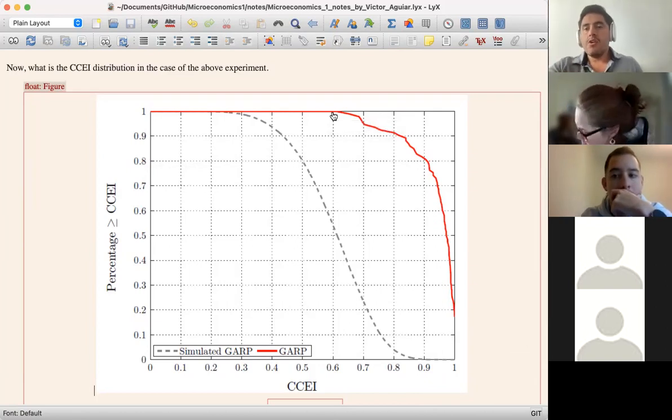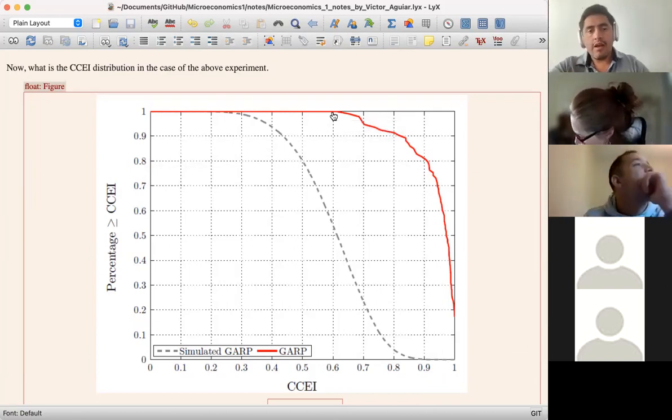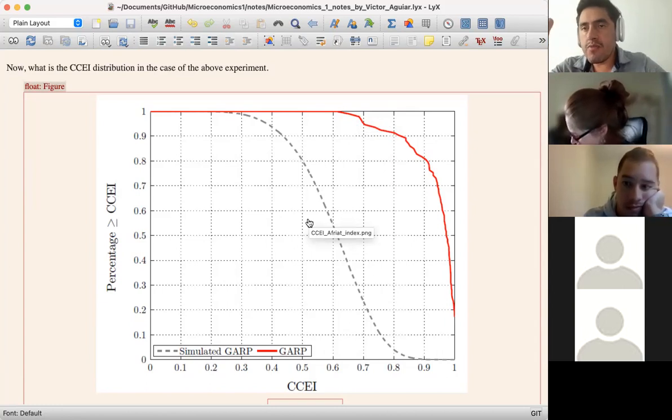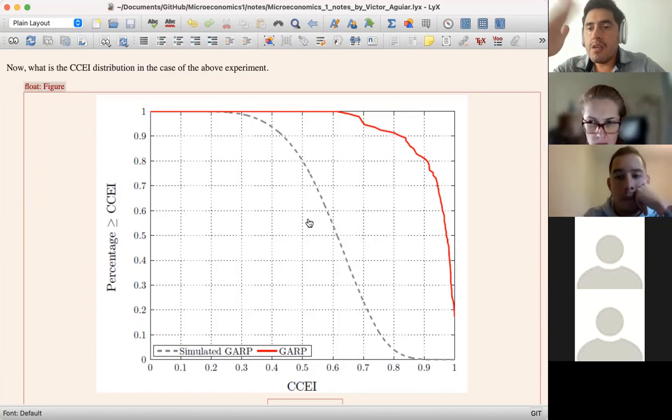Now, what is the dotted line? Essentially, they did a simulated GARP from random choice. They allow uniform choice from the linear budgets, to pick at random. And then they check what would be the implied possibility of passing the Afriat efficiency index given a certain value if you come from random or zero intelligence behavior. And this is the dotted line.